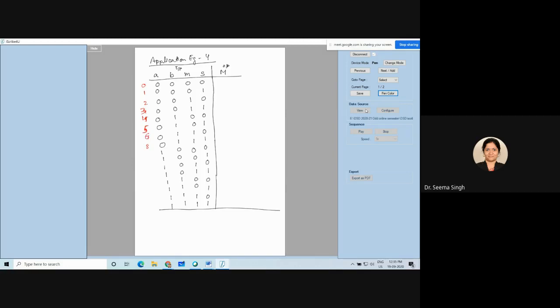Tell me, 16 rows range from what to what? It is ranging from 0 to 15, right? Your 16 rows are ranging from 0 to 15.